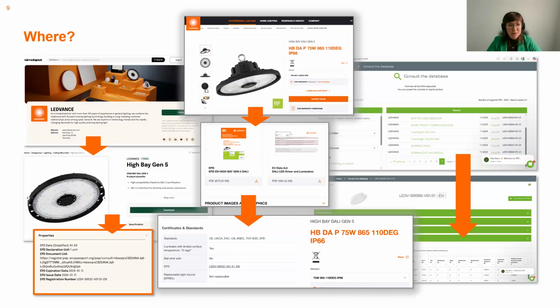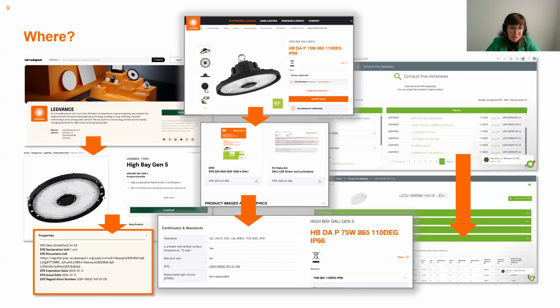So either PEP EcoPassport, and then one thing, looking at the left side of the slide, there is a screenshot from BIM object, building information modeling software, where Ledvance is publishing a lot of product specification and product information, mainly about families, available there to directly download or use in software to do BIM.